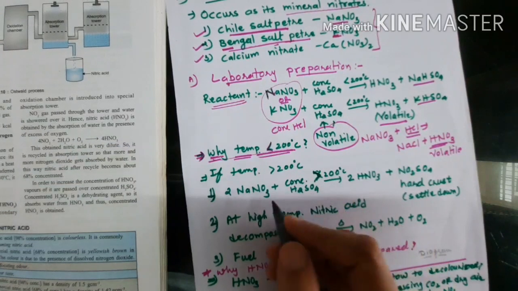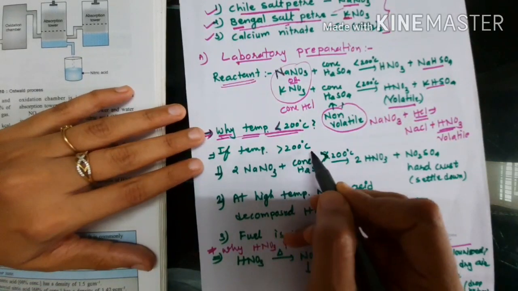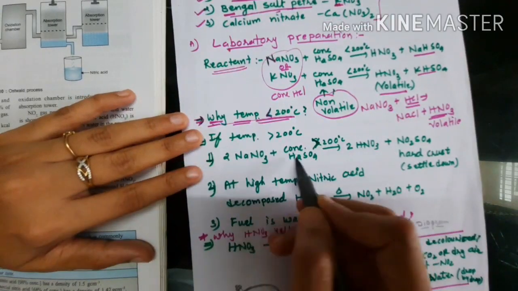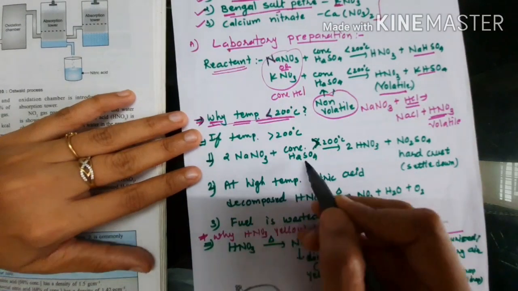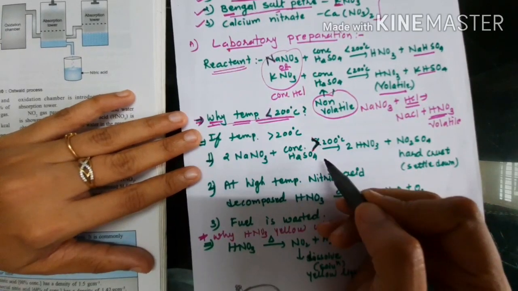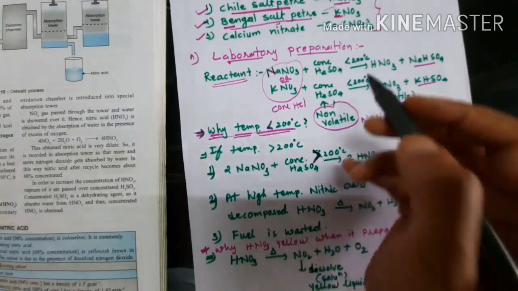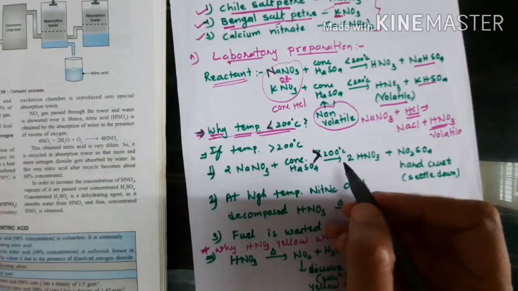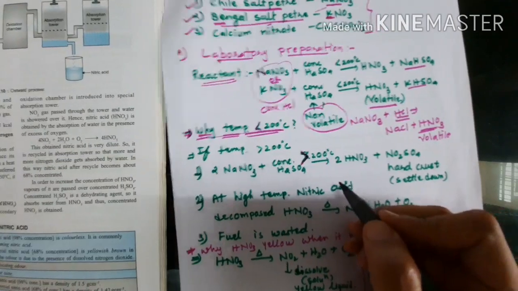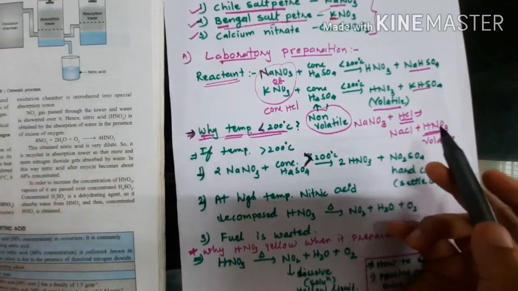If we took a temperature less than 200 degrees centigrade, what product will be formed? Let's see. Same reactants, sodium nitrate plus concentrated H2SO4, but at a temperature less than 200 degrees centigrade. Then it will form HNO3 plus sodium sulfate, not sodium bisulfate.